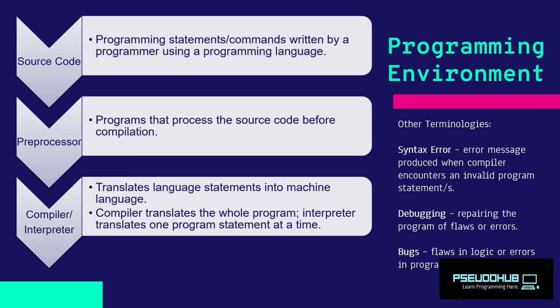Okay? So other terminologies that we need to be acquainted with include the source code. When we say source code, it refers to the code or programming statements written by the programmer. So source code is the code itself that he wrote using the IDE or using a programming language. And then after he has written the source code, when he's done, he saves it, then he pre-processes it using a preprocessor.